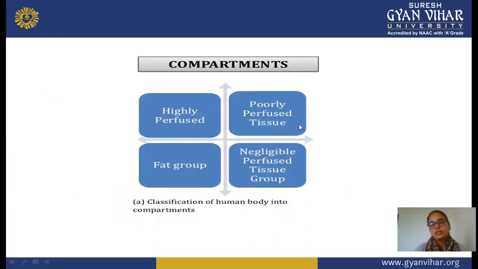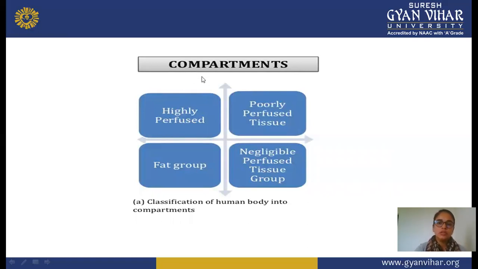In a compartment, these are tissues or organs where perfusion of a drug takes place, or where the effect of a drug is produced. In compartmental modeling, first is highly perfused tissue, which has a high capacity to take up the drug. Next is poorly perfused tissue, just the opposite, with less capacity for taking the drug.